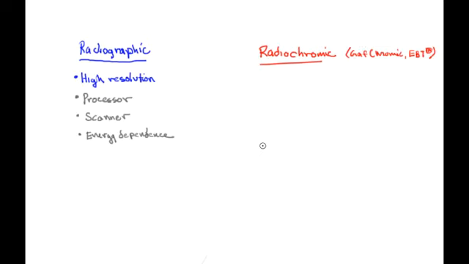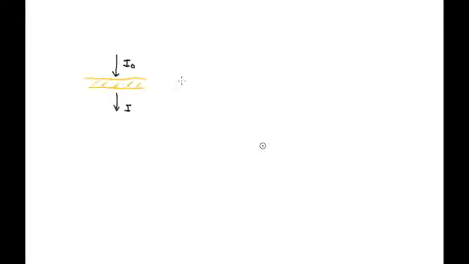The idea with radiochromic film is the same as with radiographic: you want a dose-dependent darkening of the film, but the mechanism is different. In radiochromic film, you have these monomers, small diacetylene molecules, embedded in a thin plastic, typically a few tens of microns thick, that sits on a substrate.